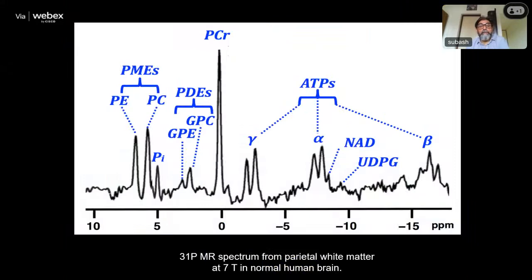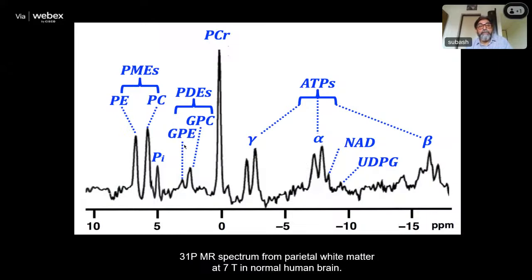When you are doing a 7 Tesla magnet, you can see how beautifully all the peaks are being resolved. You see a perfect doublet from the gamma and alpha and a triplet from the beta ATP, very nicely visualized. Similarly, the phosphoethanolamine and phosphocholine are also very well resolved, and they can now actually be quantified when you work with 7 Tesla or higher magnetic field. Same thing is here.